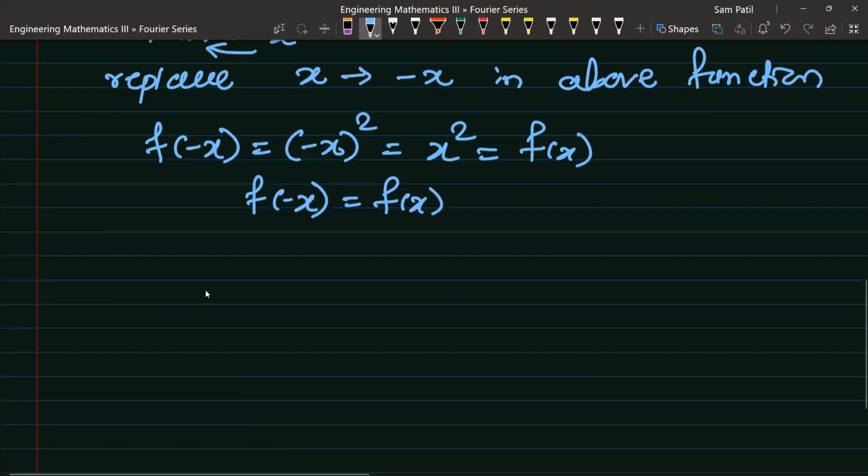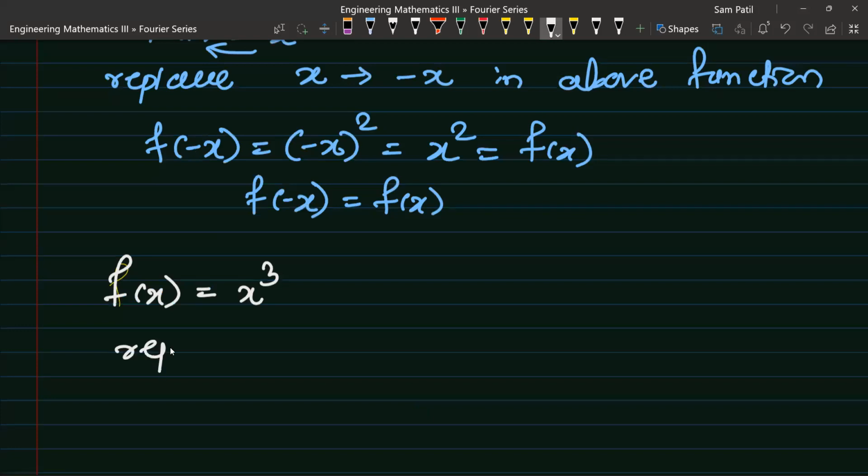Let me explain one more example so you understand this. Suppose I take f(x) equal to x³, example 2. If I replace x by minus x, what do I get? f(−x) is equal to (−x)³. What is (−x)³? It is −x³.